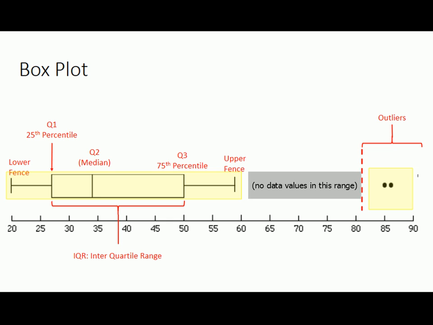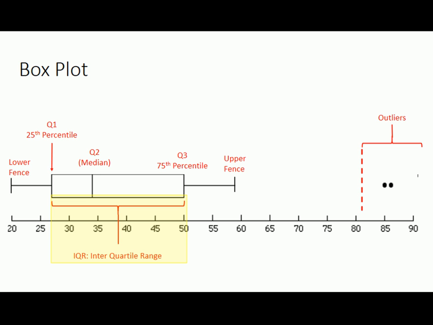And that's actually calculated in a very specific way. I don't want you to be too concerned with it, but this distance from the first quartile to the third quartile, that's called an interquartile range. It's just a length. So in this case, it looks like it's about 22 or 23. The interquartile range is about a length of 23.